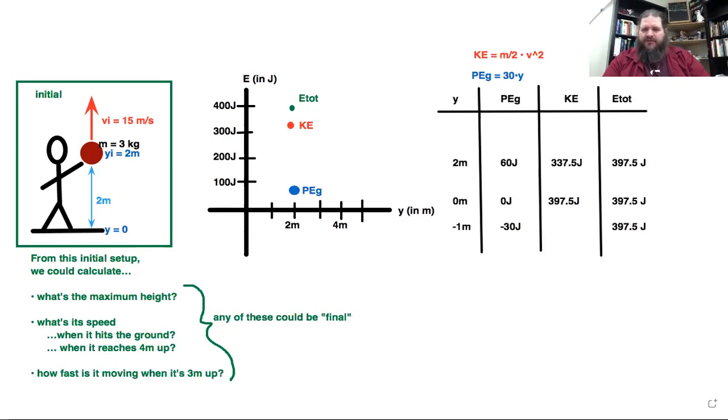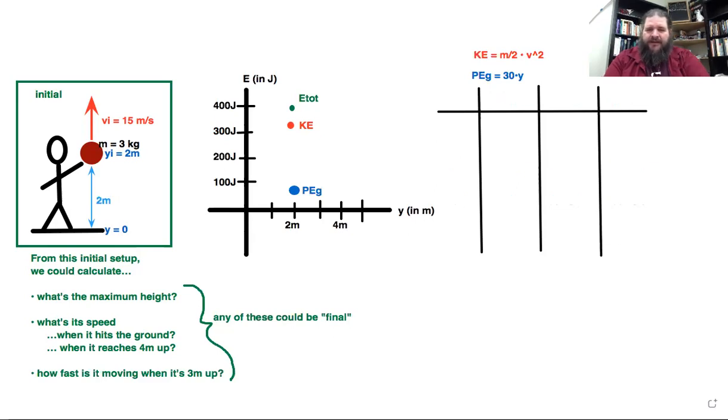So what would kinetic energy have to be to make those add up to 397.5? Yeah, that's going to have to be 427.5.